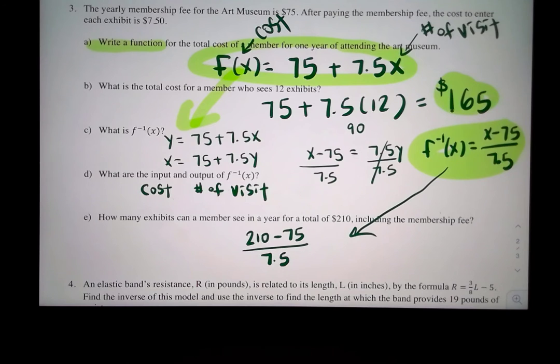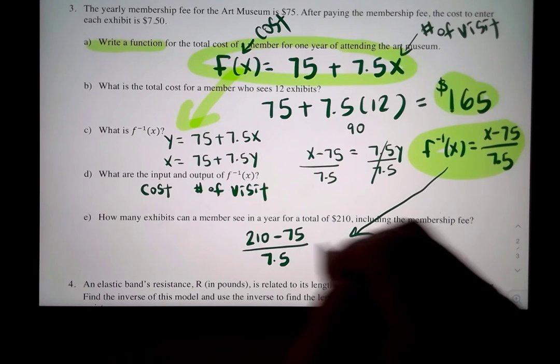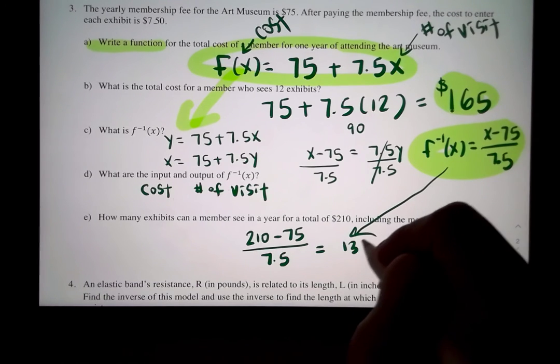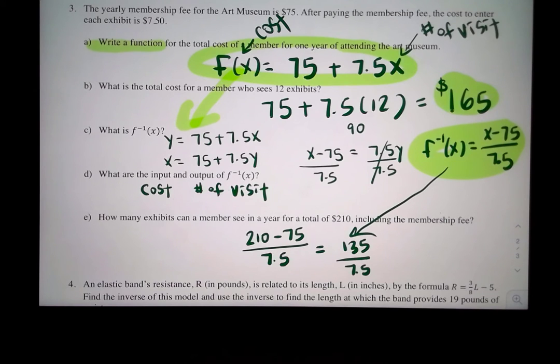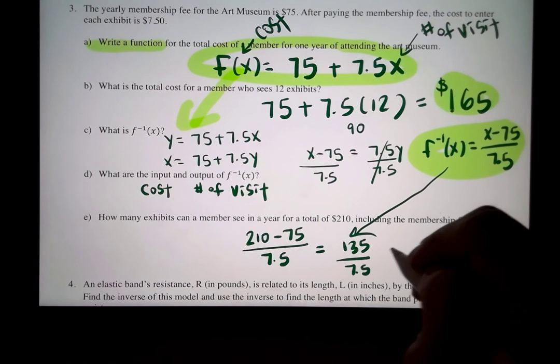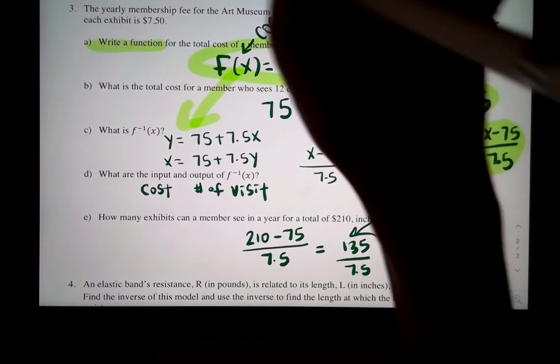What's 210 minus 75? That is 135, divided by 7.5. 135 divided by 7.5, then you get 18.